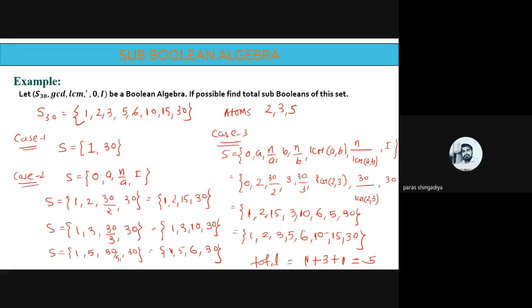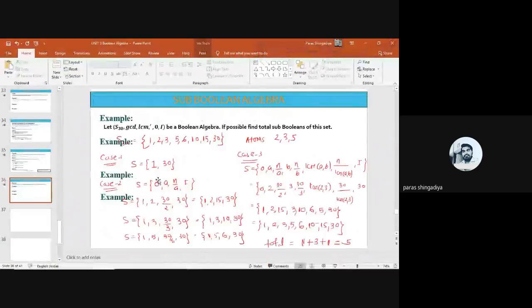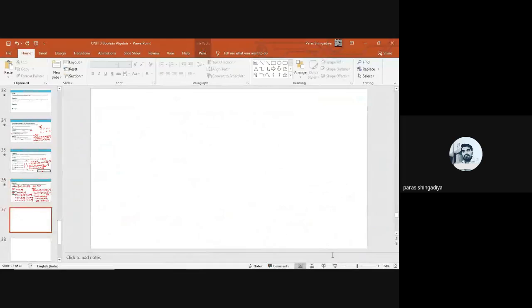So let us solve the next question. We have a set, let us consider it as S1001.